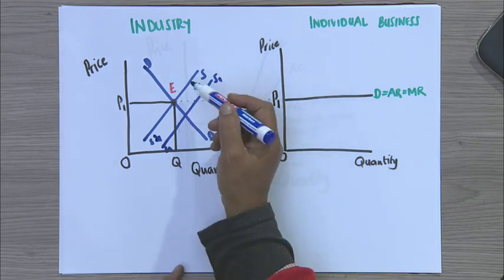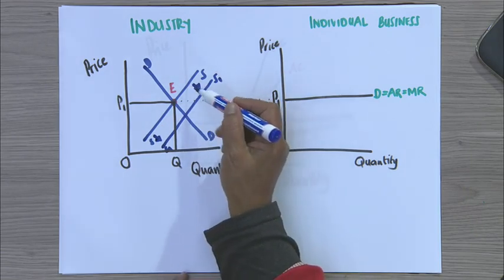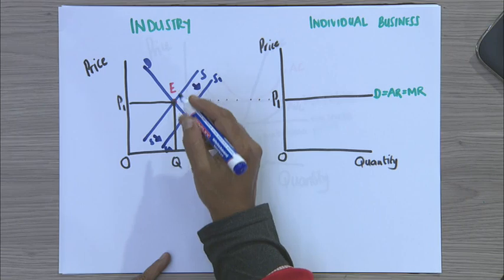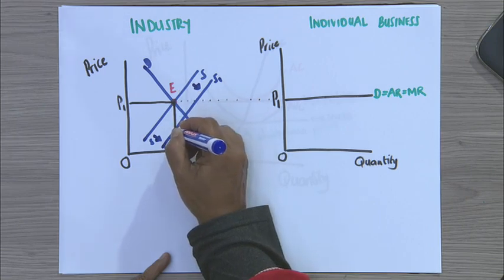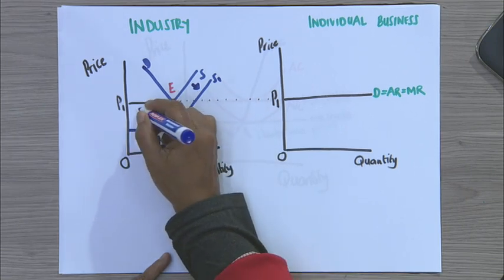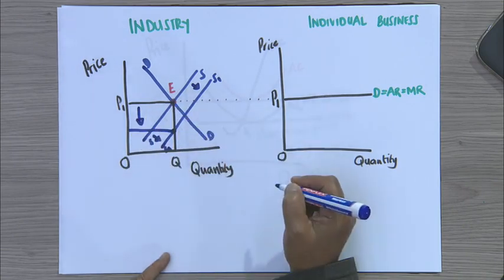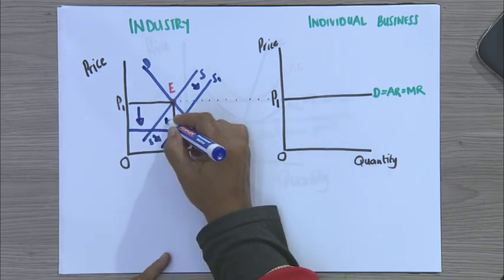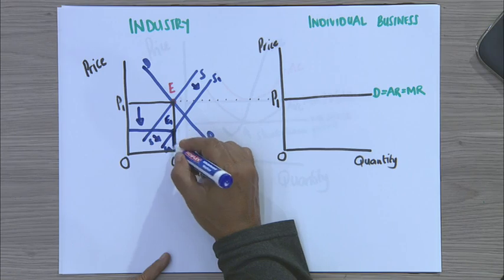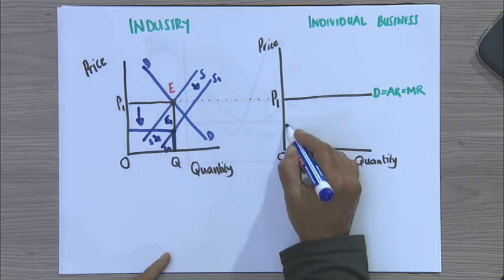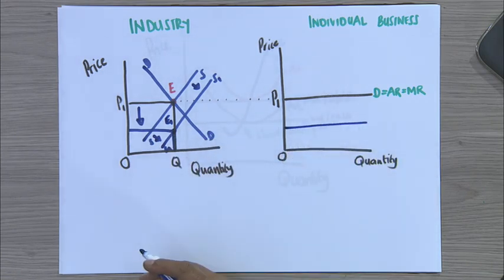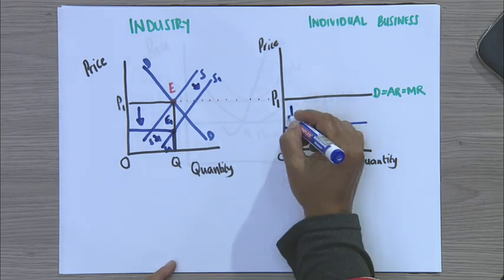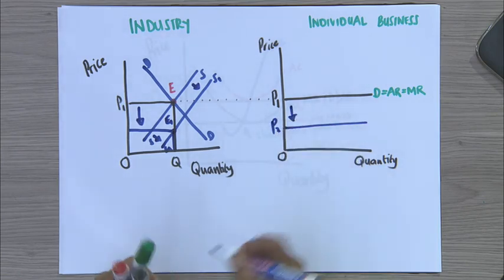As a result of there being more suppliers in the market, my equilibrium has changed. So it's moved down. Okay, so now I have a new equilibrium, which means my business also had to take the new price, which now dropped to P2.